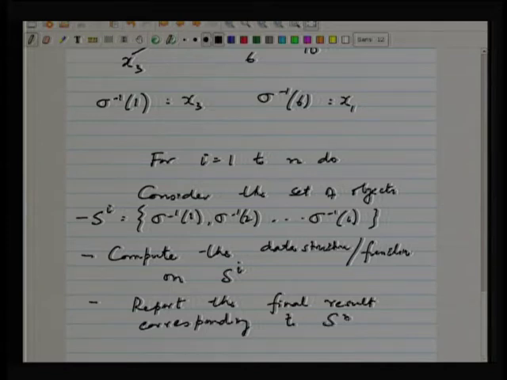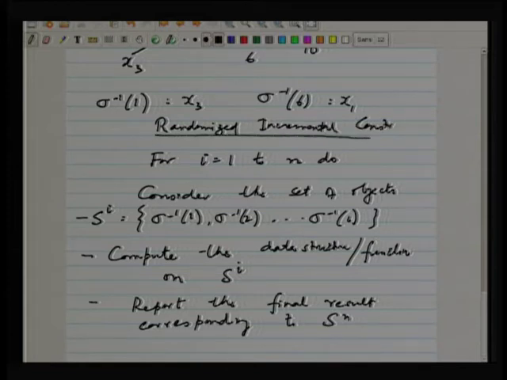So, this is the general framework of RIC, randomized incremental construction. Of course, it is happening in the context of a specific function or a specific data structure. Okay. So, if it is something like sorting, like quick sort.